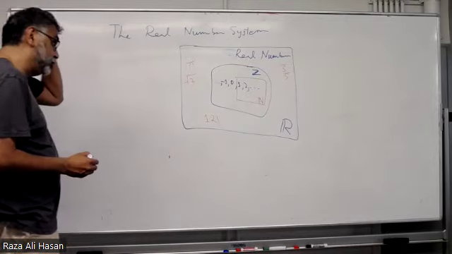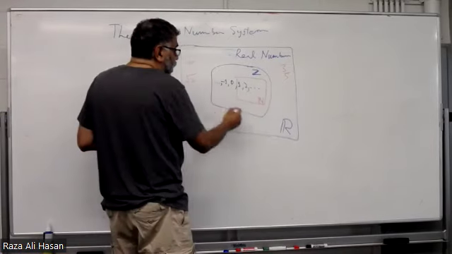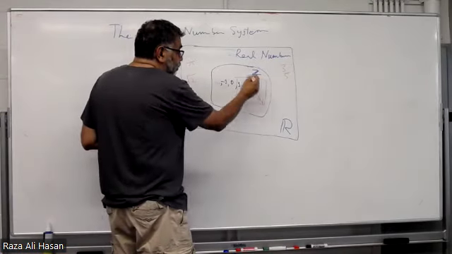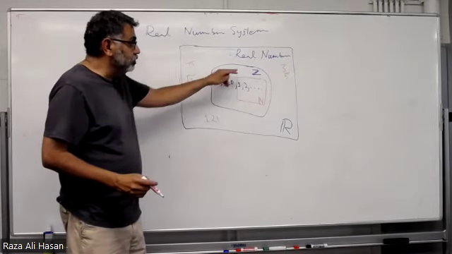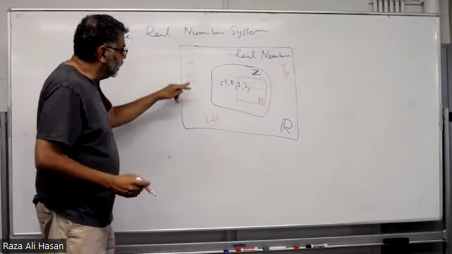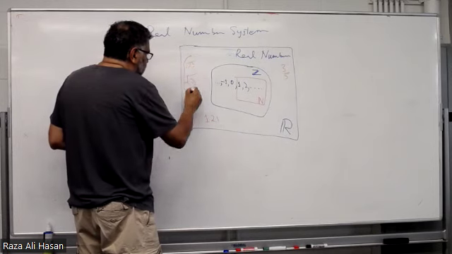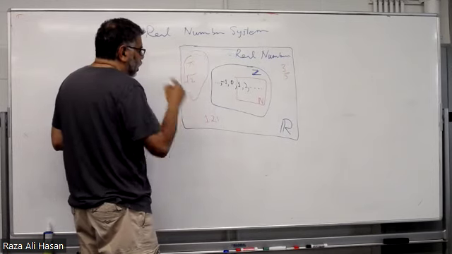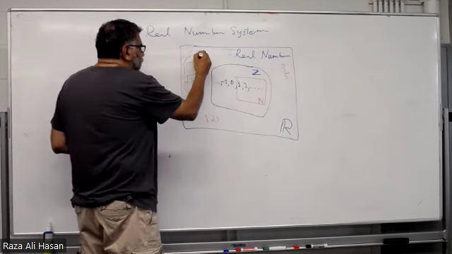And then there are numbers that are missing from this picture. Otherwise, we would have just used integers for the rest of our lives. Let's call this set here the set of irrationals.